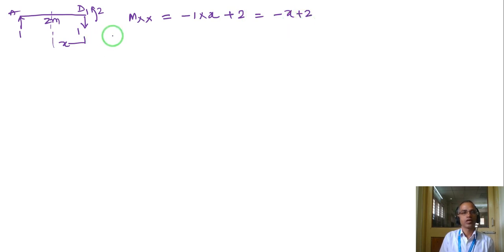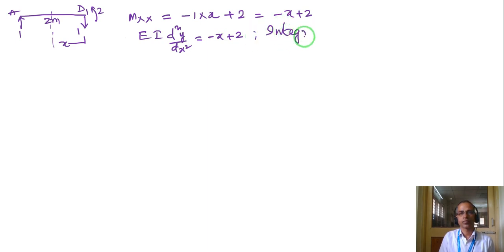Substituting that Mx, which is EI d square y by dx square, is equal to minus x plus 2. Integrating, what I get: EI dy by dx is equal to minus x square by 2 plus 2x plus c.